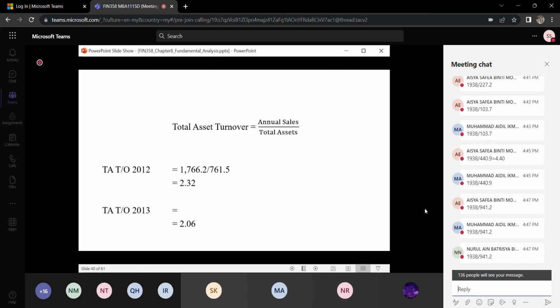All right, so check. We have 1938 divided by 941.2. Again we compare, year 2012 is better.